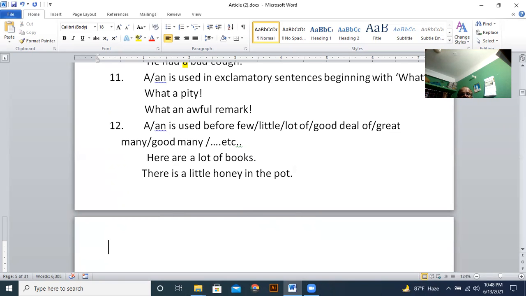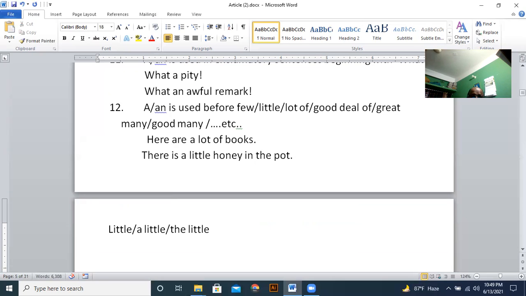But sometimes little takes a different form: a little or the little.